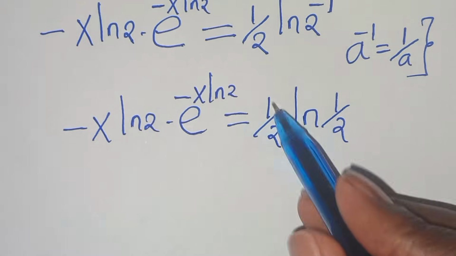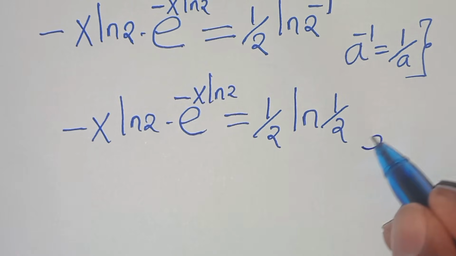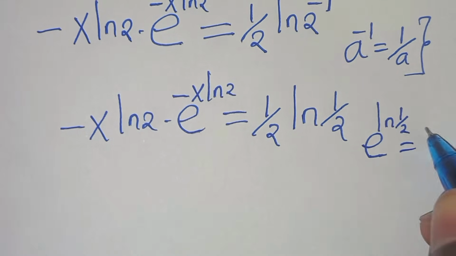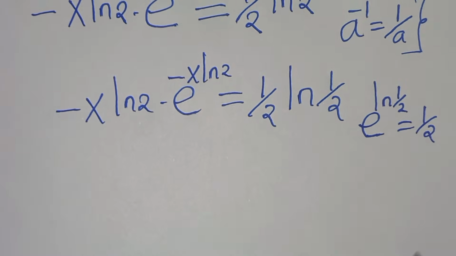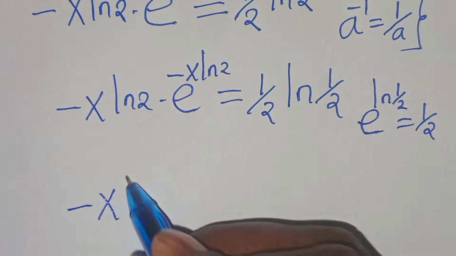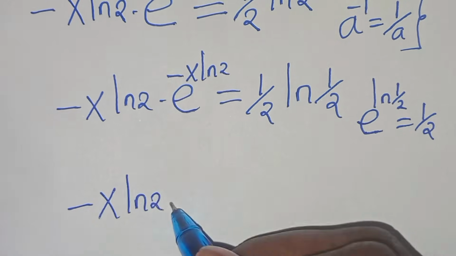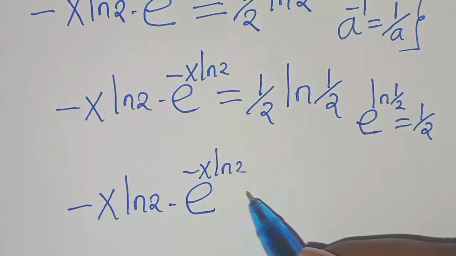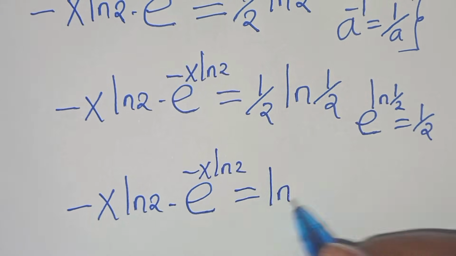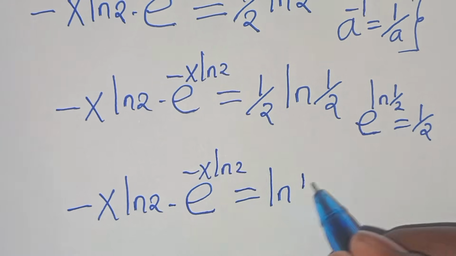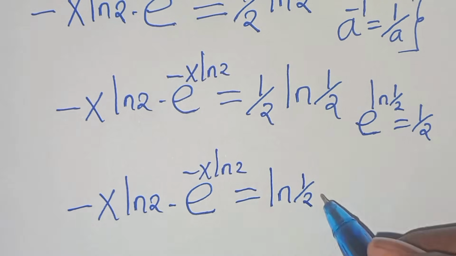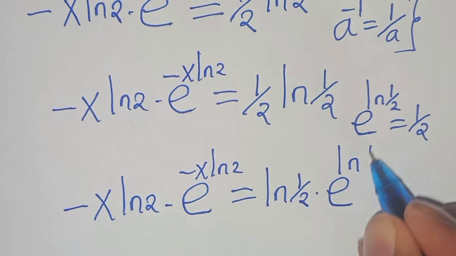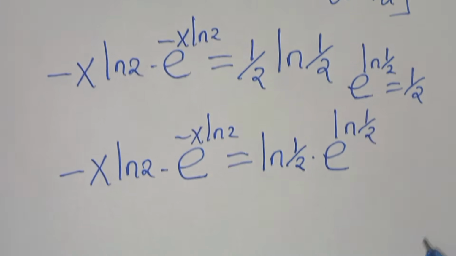Now, applying the exponent property here, remember e to the power of ln of a half, this is the same thing as a half. So we have minus x ln of 2 multiplied by e to the power of minus x ln of 2. This is equal to ln of a half multiplied by e to the power of ln of a half.